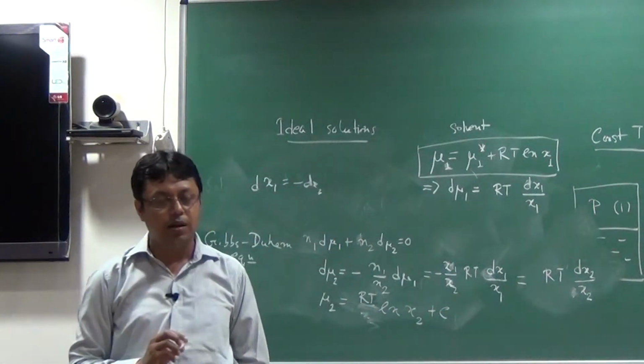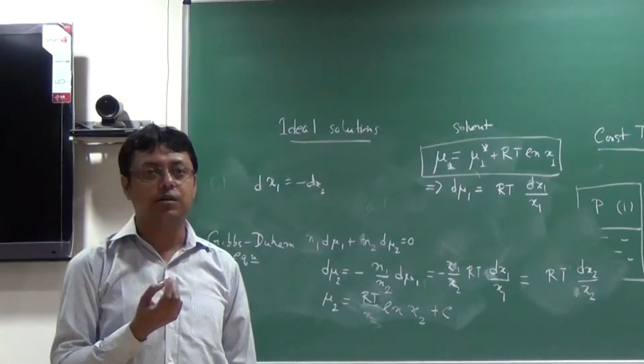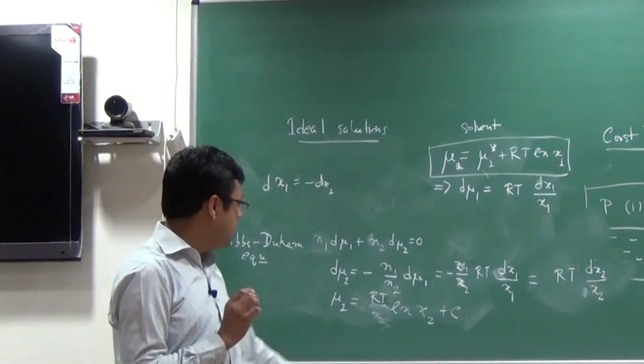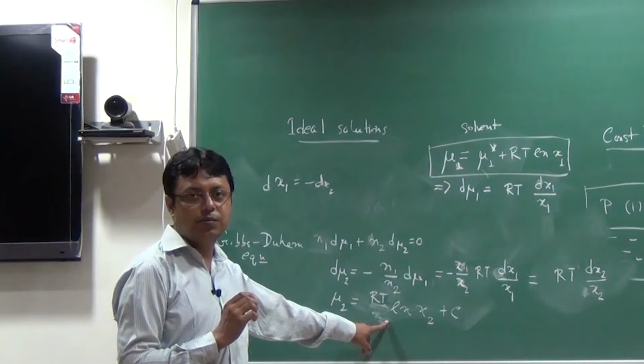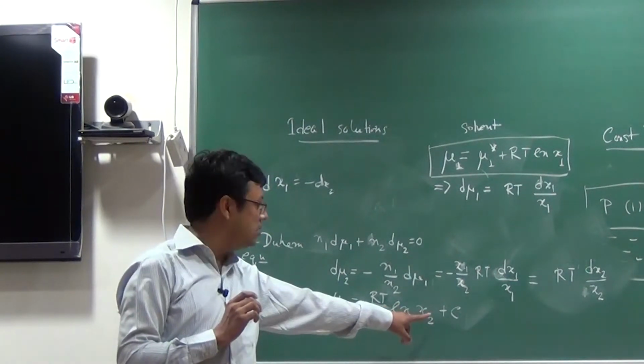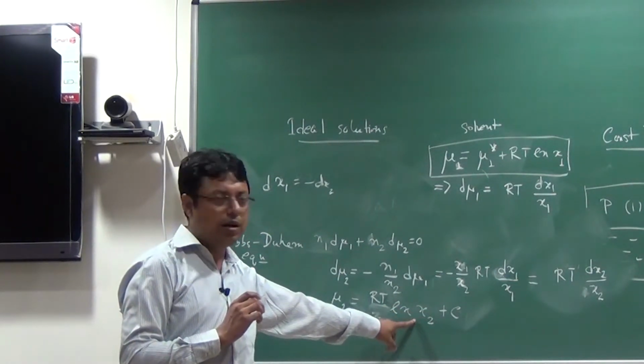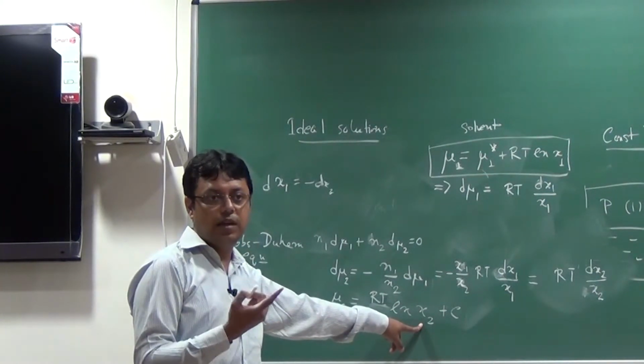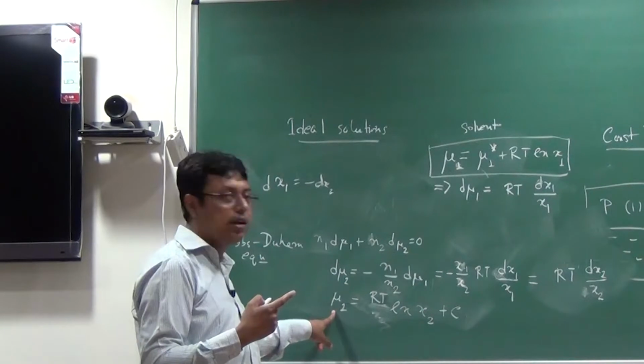Now how do you determine the constant of integration? Again, that's a trick. If I see this kind of equation, I'll just ask what will happen if x2 is equal to 1. If x2 is equal to 1, c is basically mu2.